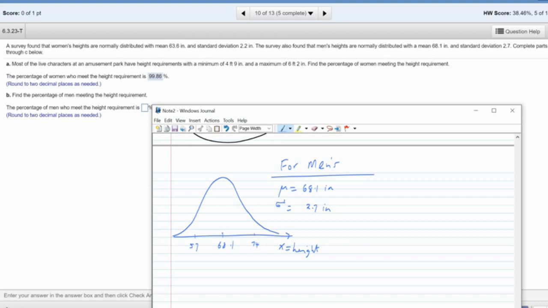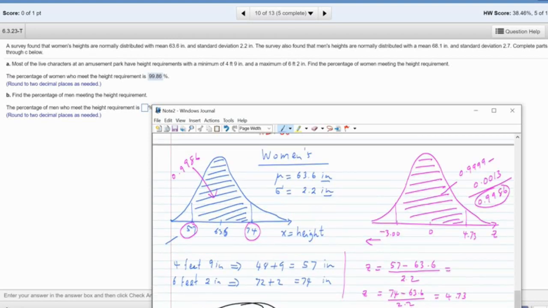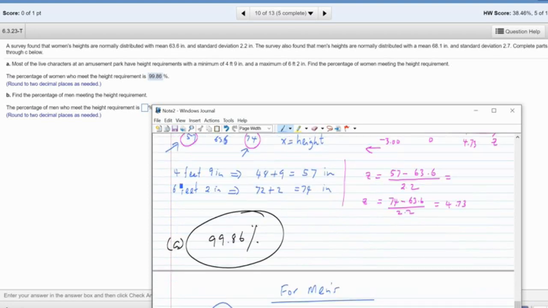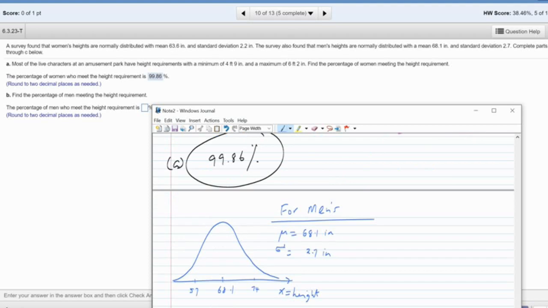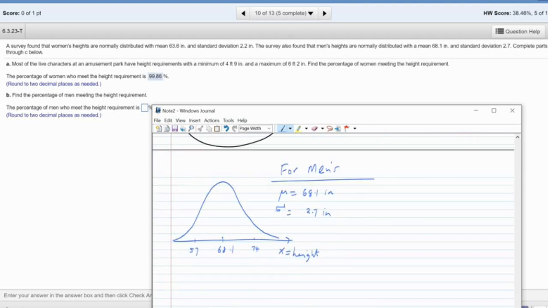So we are talking about this one and this one. We converted 4 feet 9 inches to 57 inches and 6 feet 2 inches to 74 inches. Now we have to find this area. Same as before, we convert into standard normal.